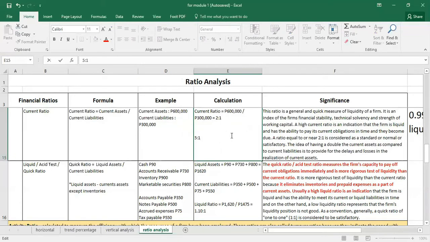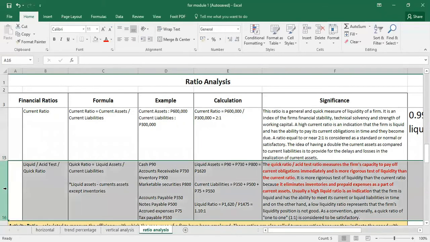For example, sobrang taas pala ng inventory niya. Ibig sabihin, hindi nabibenta ng maayos yung mga inventories, and so on. So, the standard is 2:1, but kapag sobrang taas, 6:1, 7:1, 5:1, ibig sabihin lang din, may mali din sa pag-handle ng mga assets or ng mga current assets ng isang firm.